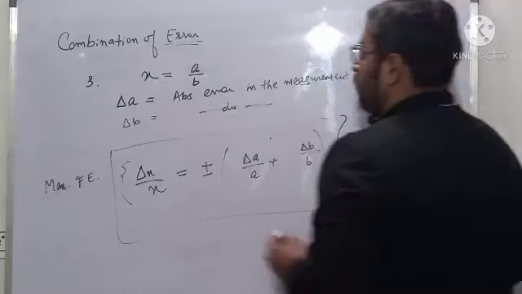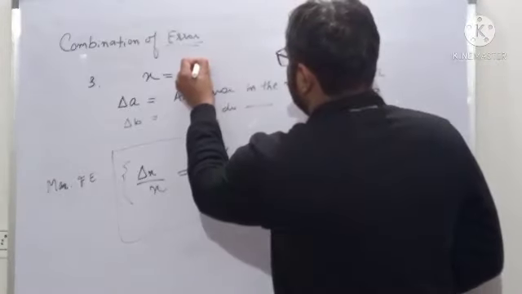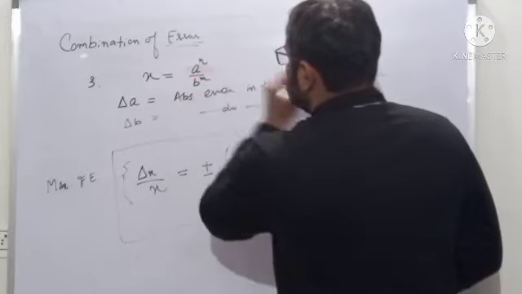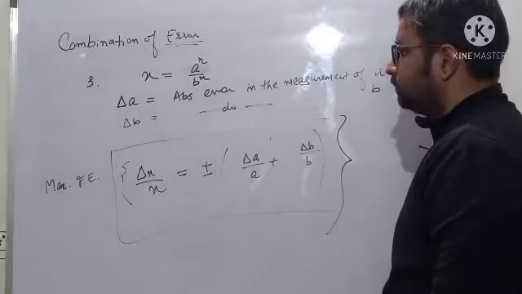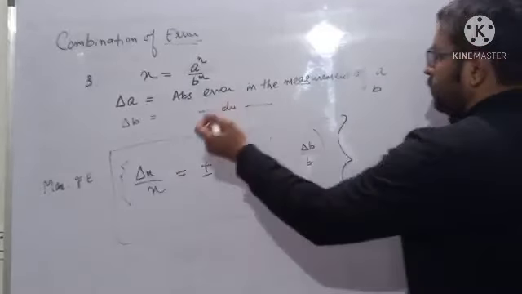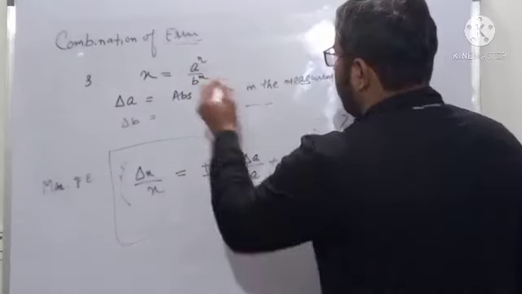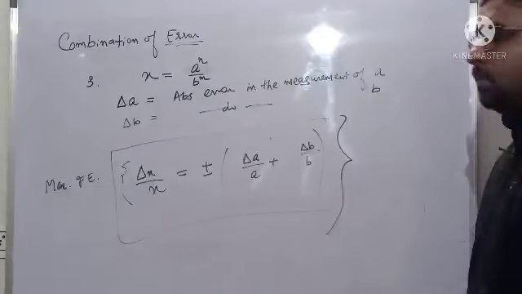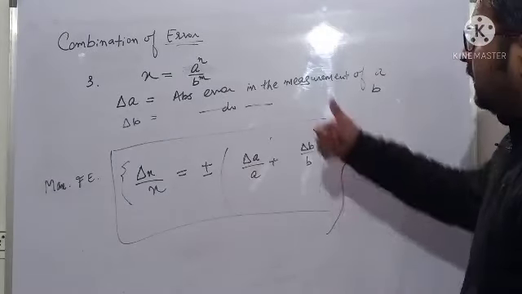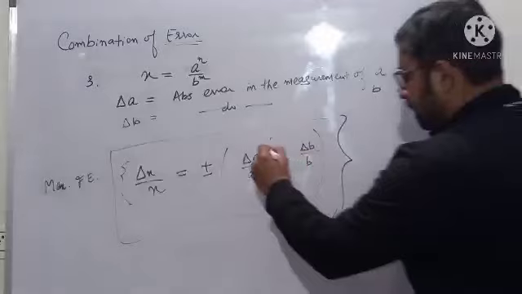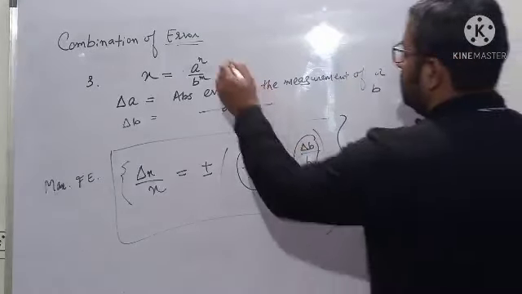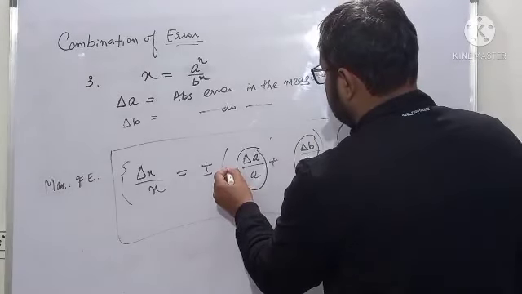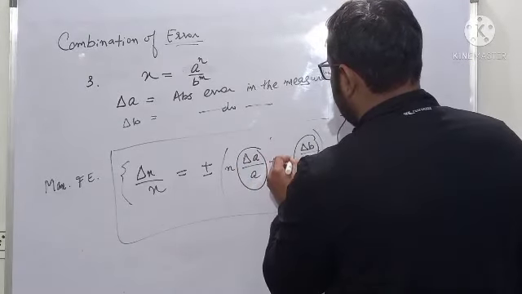Now, what will happen when we have some exponential powers in the physical quantities? When X is equal to A to the power n by B to the power m, in that case, these errors will be multiplied by these powers n and m.